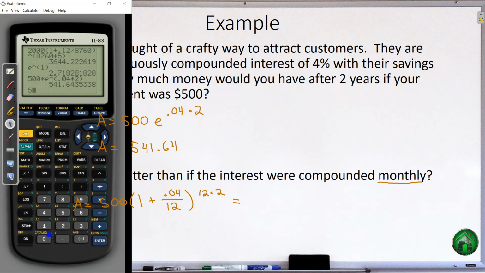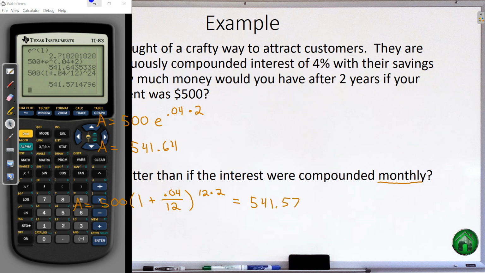So 500 times 1 plus 0.04 divided by 12 raised to the power of, I'm going to do that part in my head, 12 times 2 is 24. $541.57.